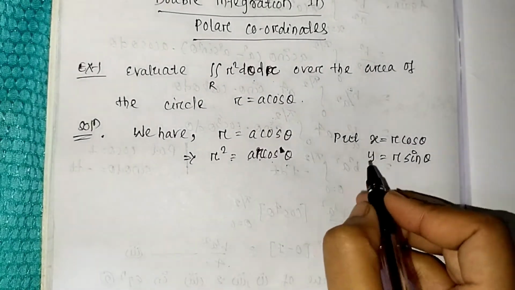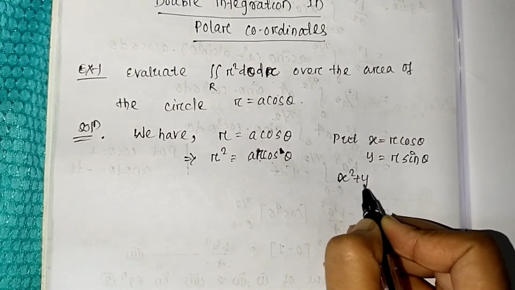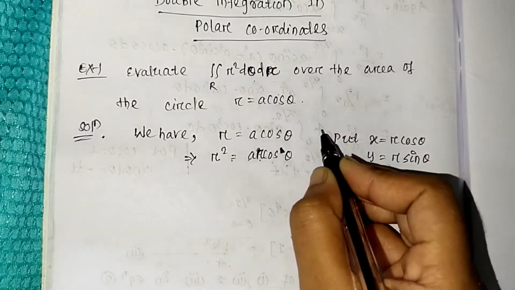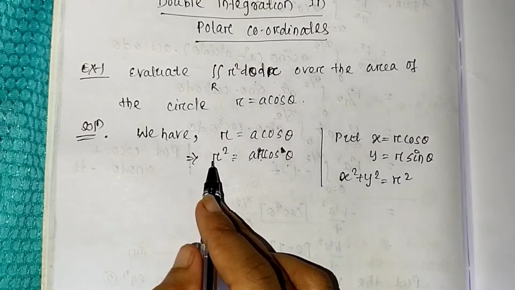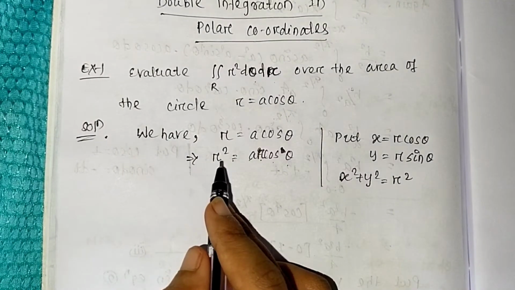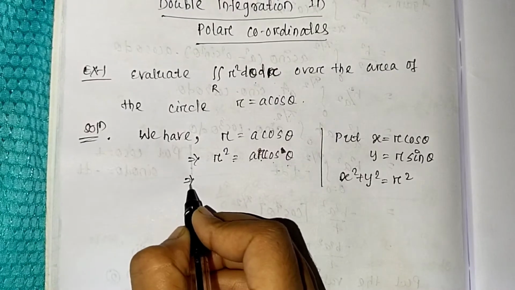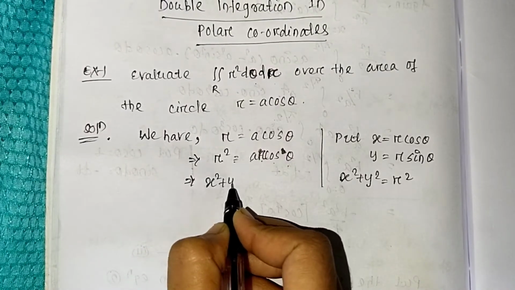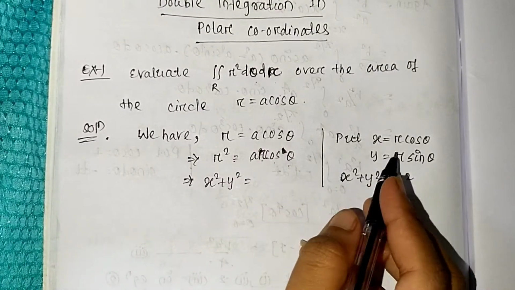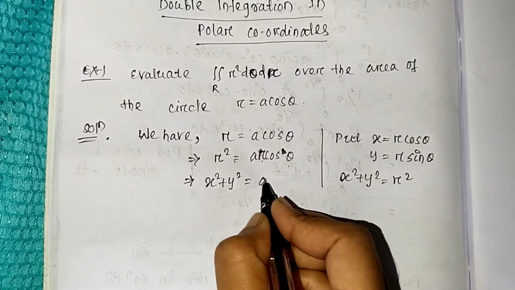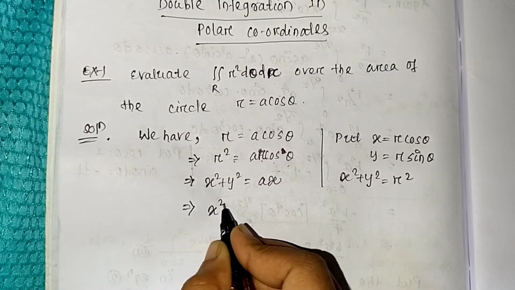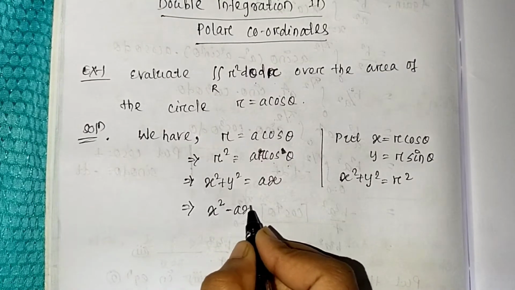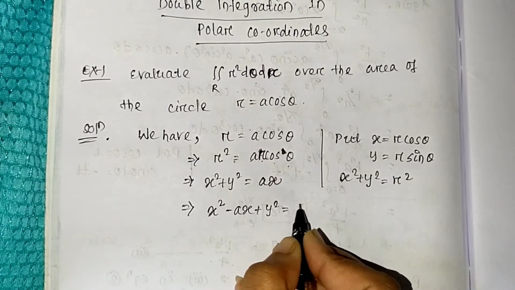Then x square plus y square equal to r square. So here x square plus y square equals r cos theta, which is x, so ax. That implies x square minus ax plus y square equal to 0.